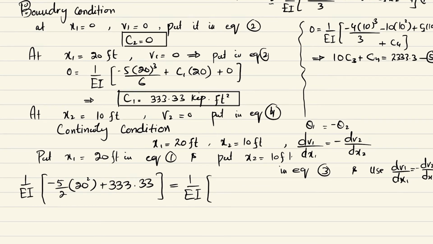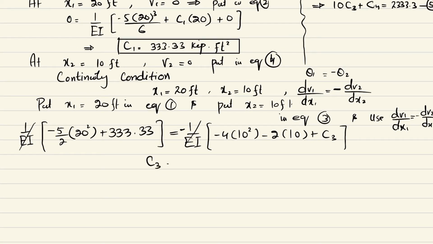When you put x is equal to 10 in equation number 3, you will get minus 4 into 10 square minus 2 into 10 plus C3. So 1 over EI cancels and we will get C3 is equal to 1266.67 kips into feet square.